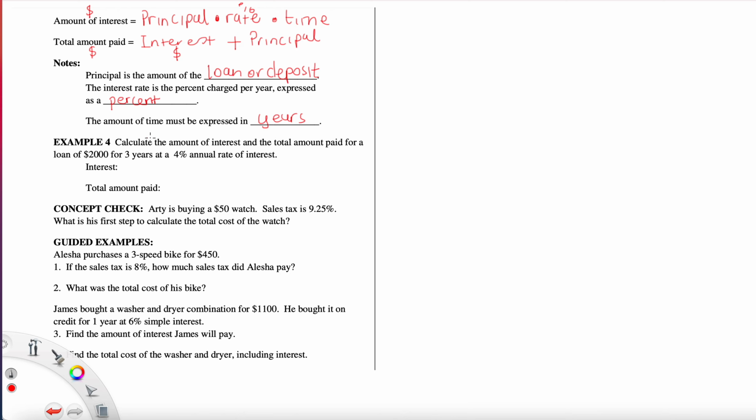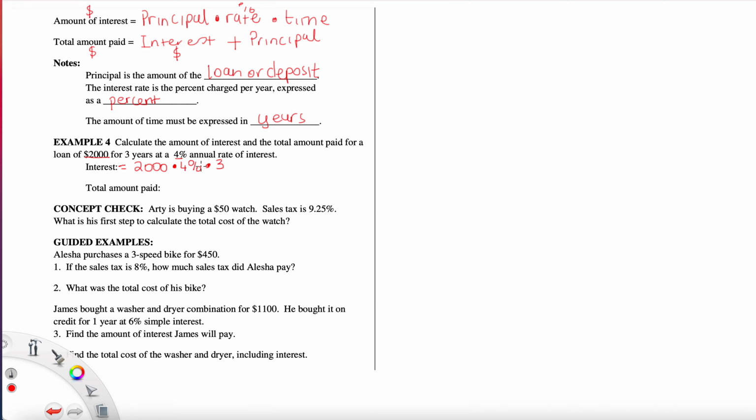Example 4: calculate the amount of interest and the total amount paid for a loan that is $2,000 for 3 years at 4% annual interest. So your interest is going to equal your principal, which is what the loan was, so $2,000, times your rate, which is 4%, times your time, which is 3 years.